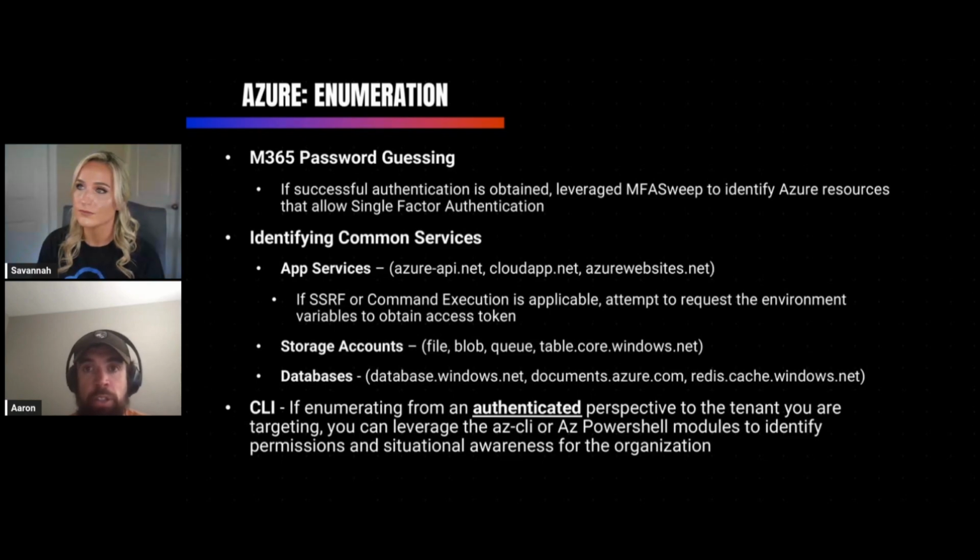I'm sure there's a multitude of others, but basically what this does is compare those credentials against other M365, including Azure APIs, to see if any of them may be enabled with single factor authentication, which can allow you to conduct further enumeration against a specific tenant in Azure, such as enabled app services, enabled storage accounts, as well as any SQL databases that may be running.